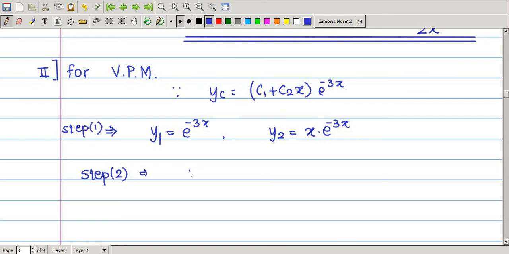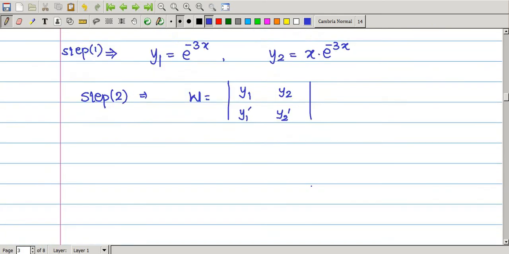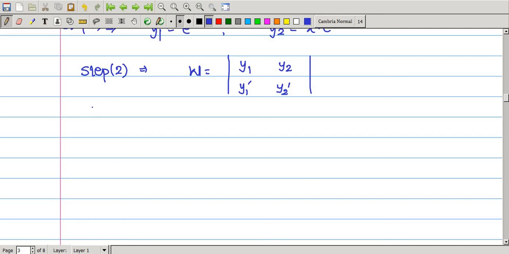Step 2 is evaluate value for Wronskian, which is nothing but y1, y1 dash, y2, y2 dash, evaluate y1, y2, y1 dash, y2 dash, and find value for w. Then step 3 is find value for u by using formula integration minus y2 into f of x upon w.